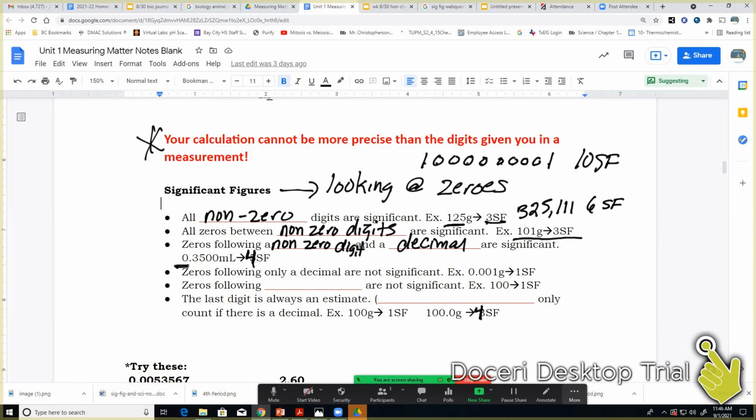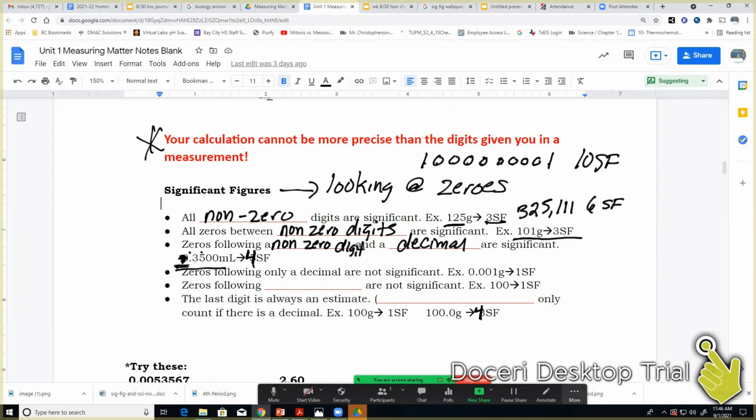Those 2 zeros follow a decimal and follow a non-zero number, so they are significant. This 0 does not. That first 0 is not significant. It's considered a placeholder. It does not follow a decimal and it does not follow a non-zero number.